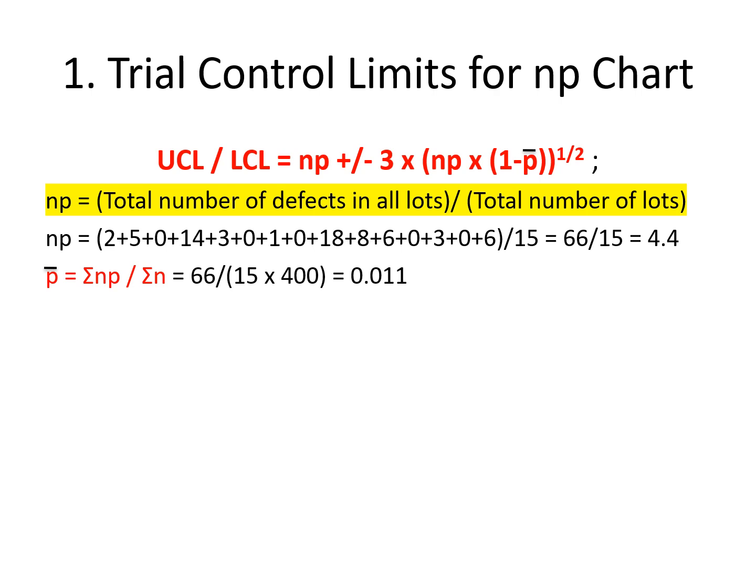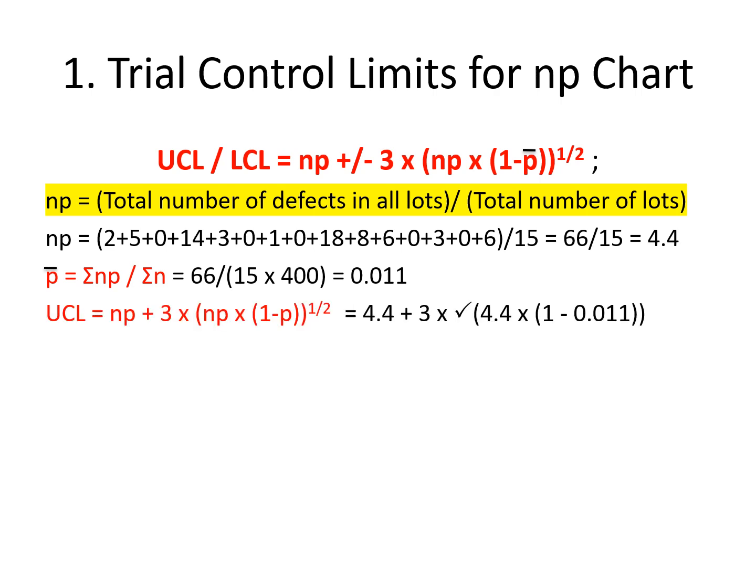P bar is sigma NP upon sigma N. Sigma N we know was 400, and the total number of defectives was 66, so 66 divided by 15 and again divided by 400, which is 0.011. So we get P bar.